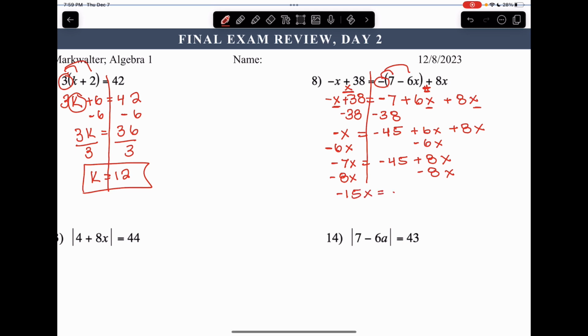And I will get negative 15x equals negative 45. And the last thing I need to do to get x by itself would be to divide by negative 15. Negative 45 divided by a negative 15 means that the negatives will cancel out, leaving me with x equals a positive 3.